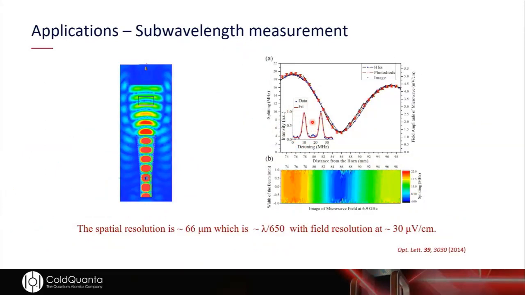In this way, you can get a very accurate measurement of the polarization of the microwave. It now can be as precise as 1 degree, maybe 0.5 degree. Yeah. Thank you very much for this question.